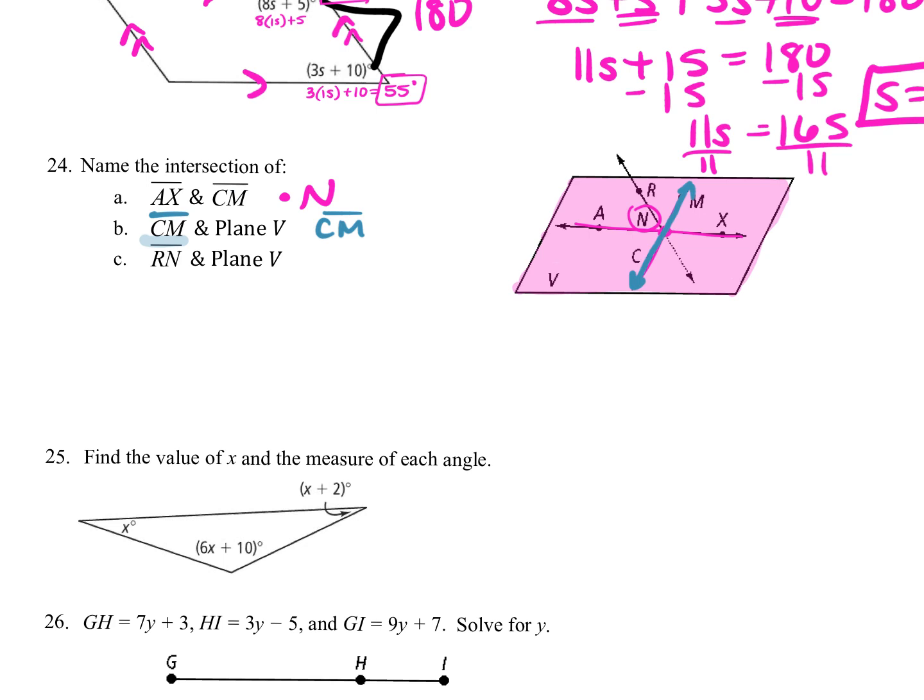Okay, then it says, where does RN? So here's RN, and notice right here it becomes a dotted line. That means it's poking through the plane. If you think about a piece of paper laying flat and a pen going vertically through, there's only one point where it hits the paper as it goes through the paper, right? That would be at the point, which is point N.